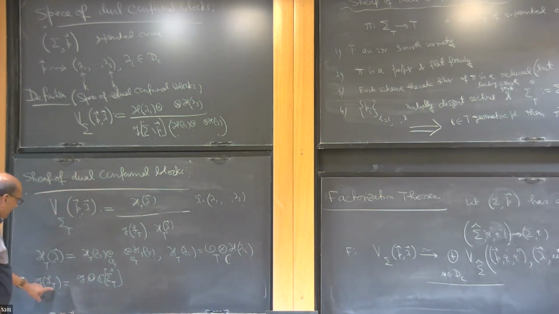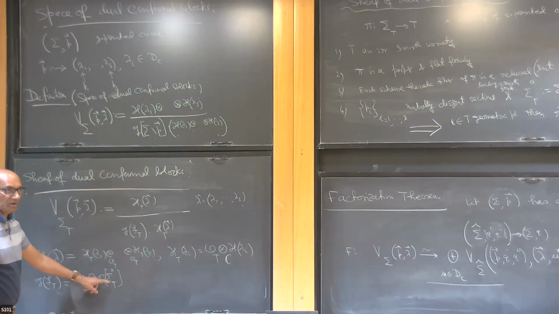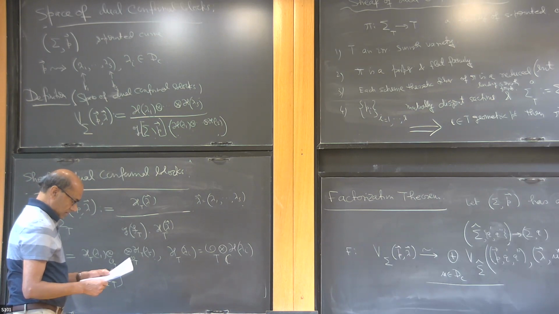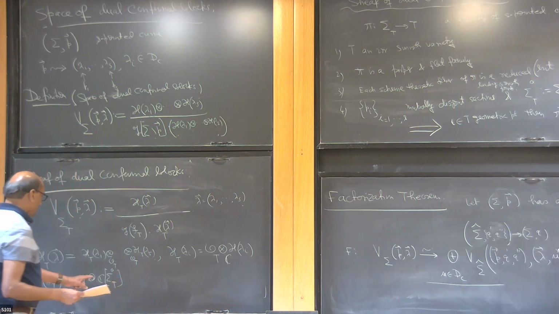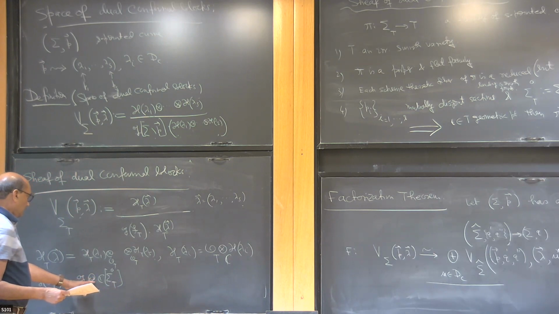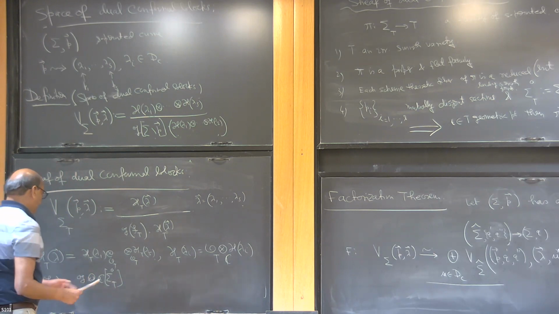So I take g_T, g tensor C of sigma_T^0, the affine coordinate ring of that. You mean a direct image from sigma to T of O? Yes. Let's see what I mean by that.